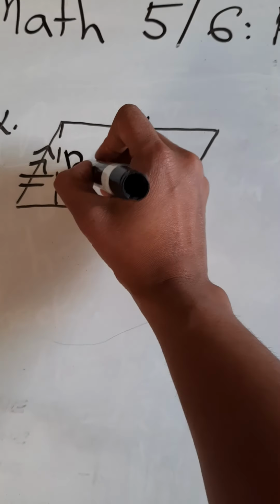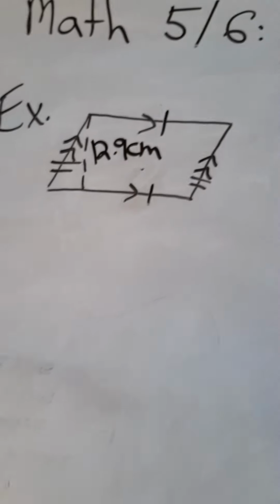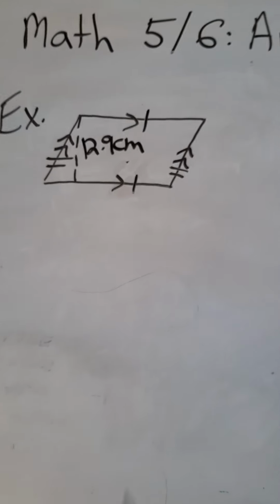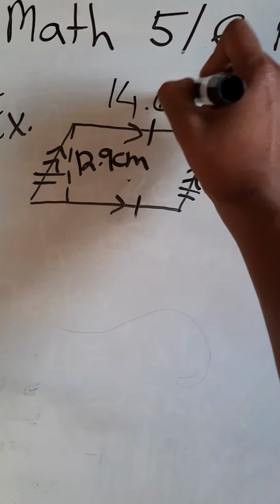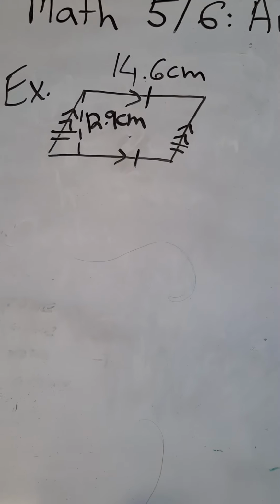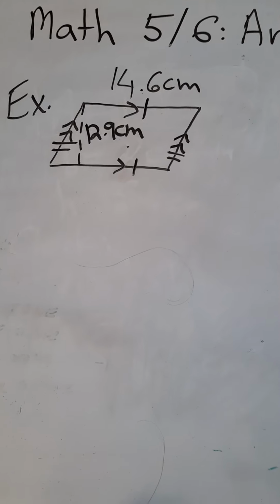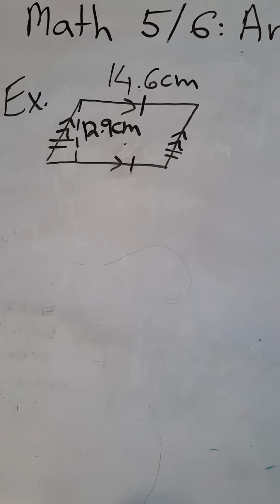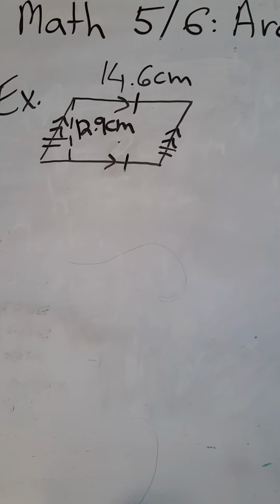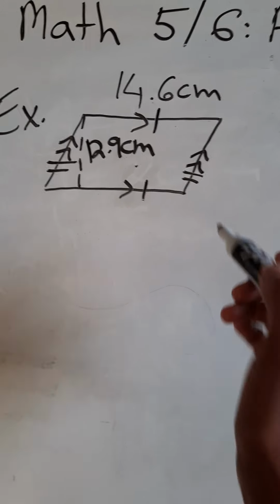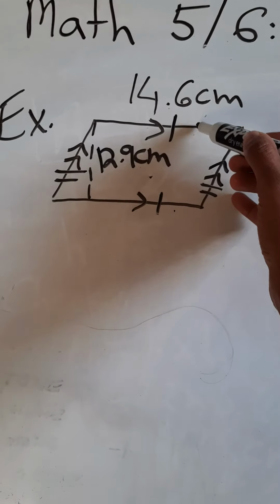Let's try 12.9 centimeters. Okay, that is in the middle. 14.6 centimeters, which is at the top. Okay. Now, if you're looking over here, okay, what we notice is at 14.6, how do you know what the base of this parallelogram is? Okay, so right here, again, both of these sides are equal.